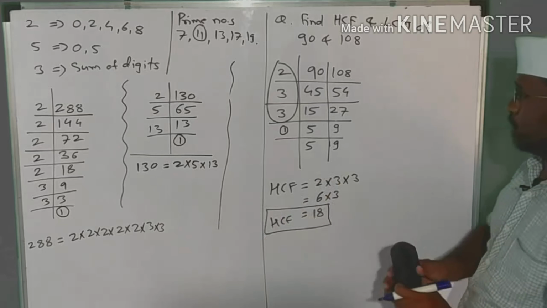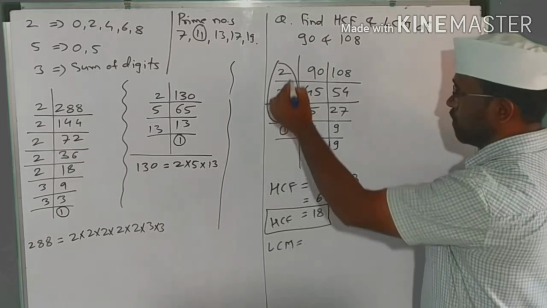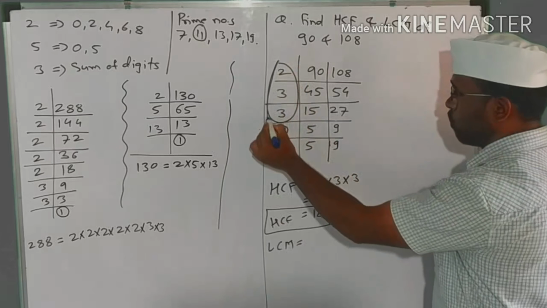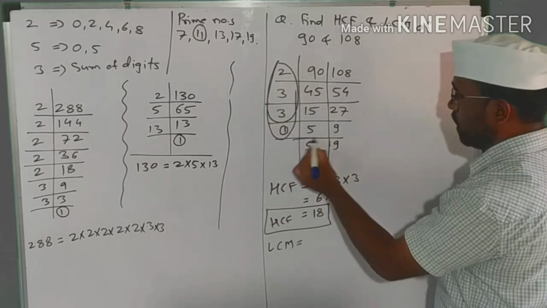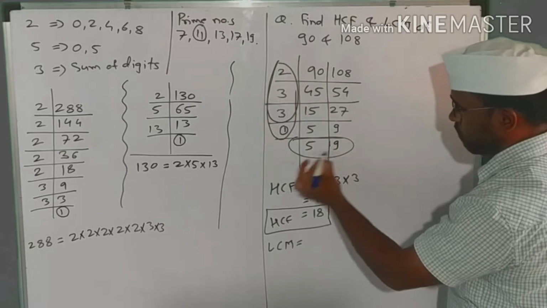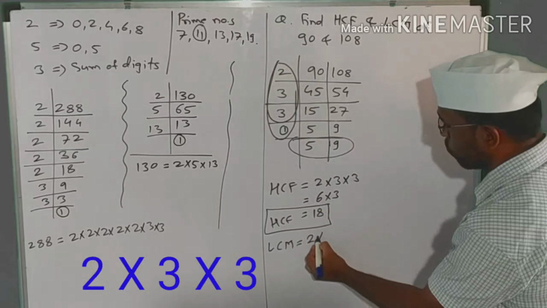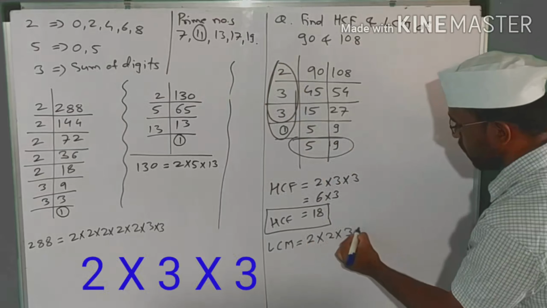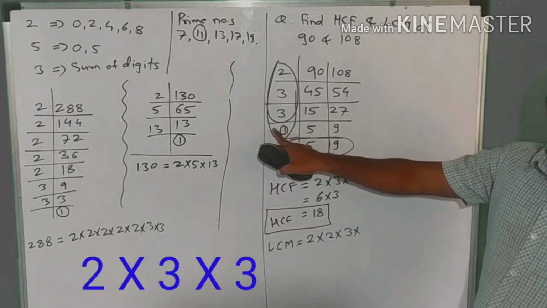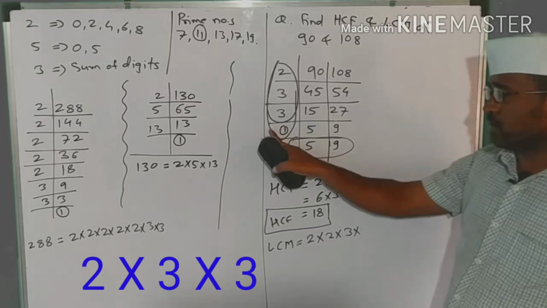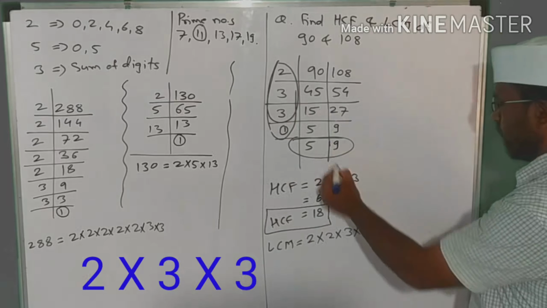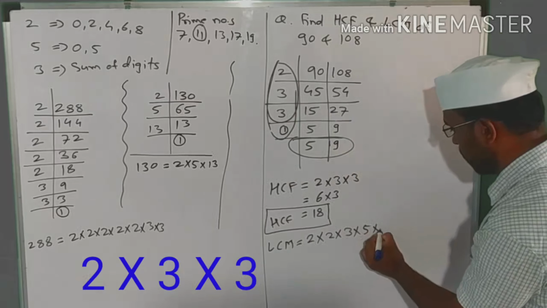And to find out LCM, we just have to multiply numbers in the first column by the last row. We just have to focus towards this L. So the multiplication is 2 into 2 into 3 multiplied by 1, which is not useful, because any number multiplied by 1, the answer is the same number. Then multiplied by 5 multiplied by 9.